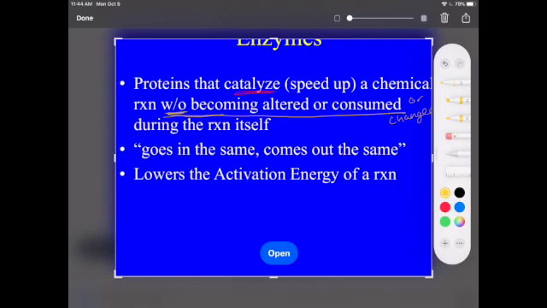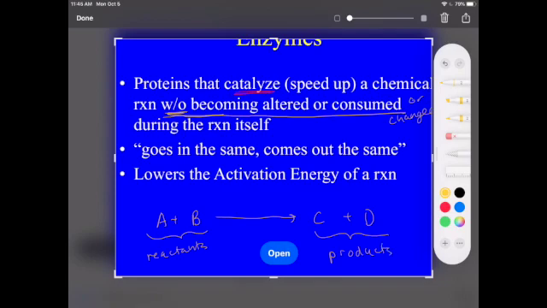If we have a generic chemical reaction, I would say that substance A chemically reacts with substance B to form products C and D. This is just a generic sort of reaction I'm just making up here. Just a reminder that A and B are called the reactants, and C and D over here on the right would be called the products.